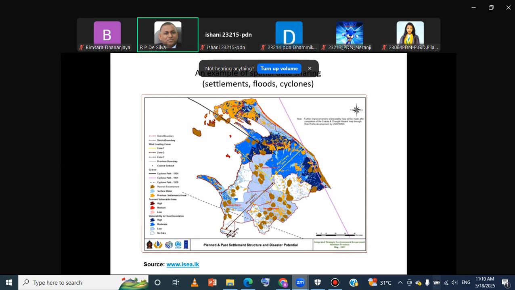So various agencies contributed for the development of this map, which should benefit every institution to perform their mandated tasks.